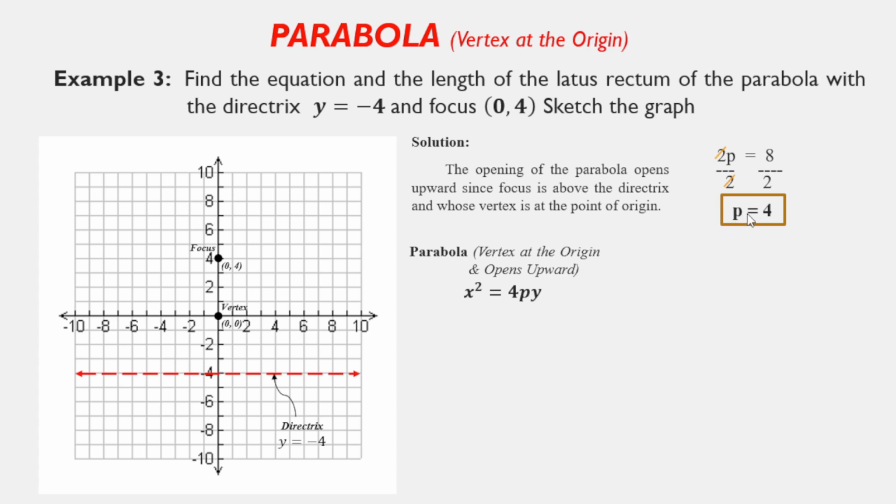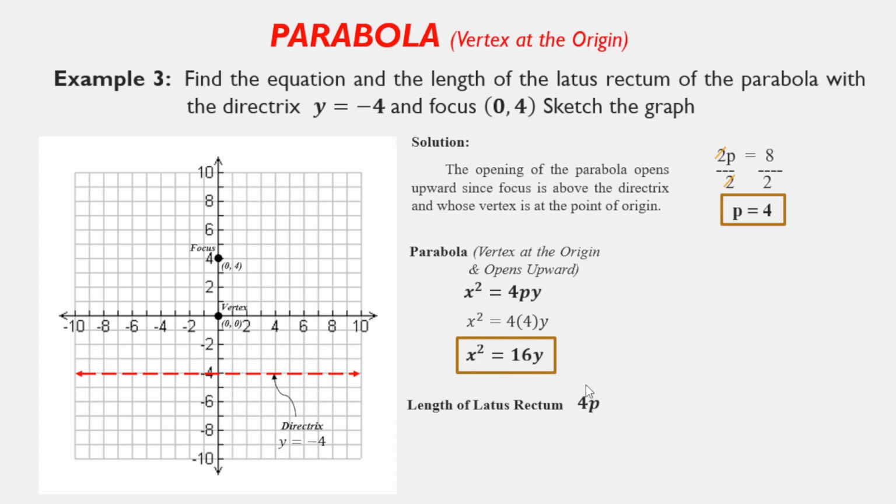If we substitute the value of p, which is 4, in our equation, x squared is equal to 4 times 4y. Simplifying further, 4 times 4 is equal to 16. Then we can say that the equation of the parabola is x squared is equal to 16y.